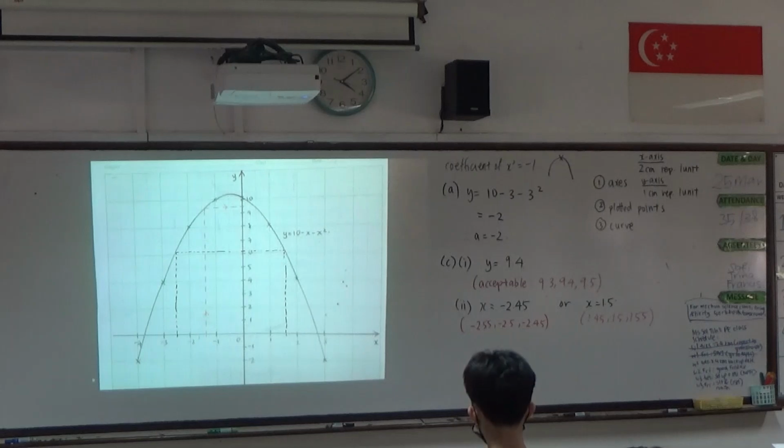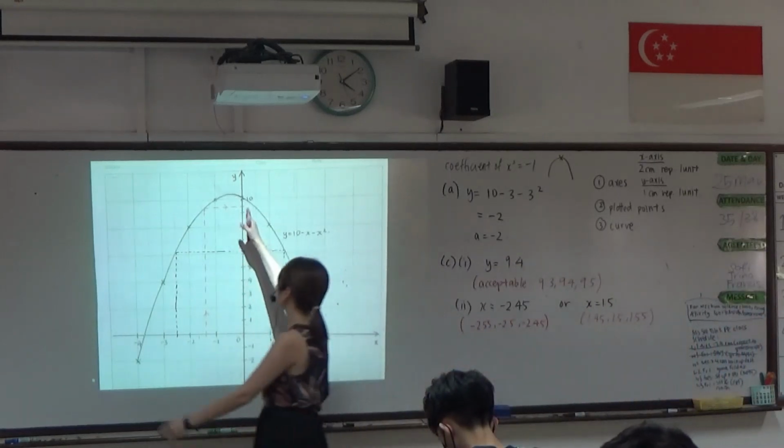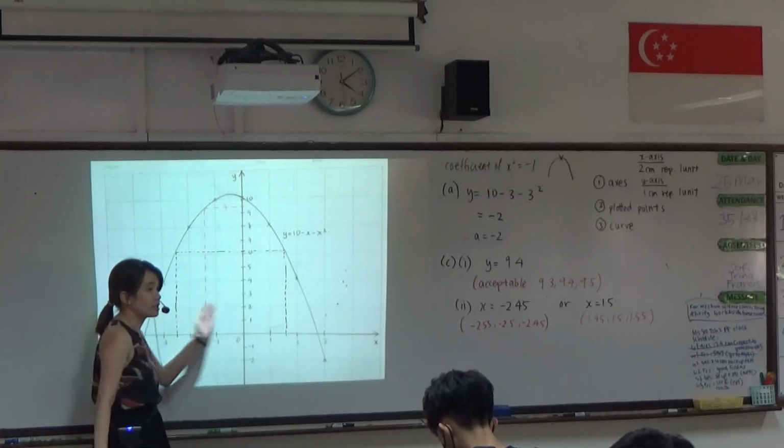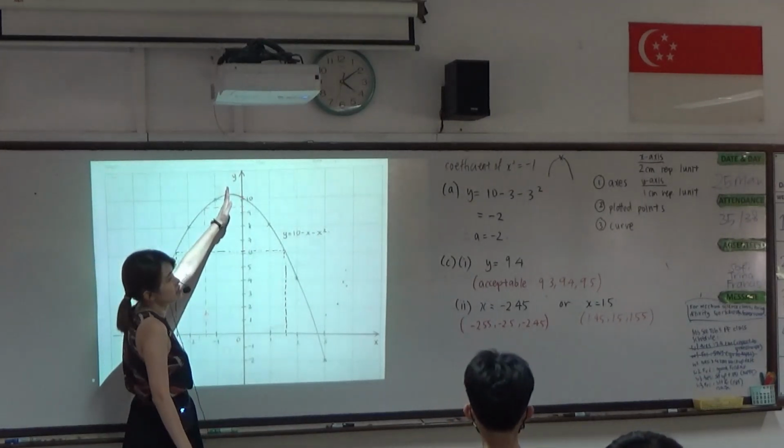Because we are humans, we cannot achieve an exact symmetry. And the symmetry is not at the y-axis. So clearly it's not one negative and one positive. The symmetry is not here, the symmetry is here.